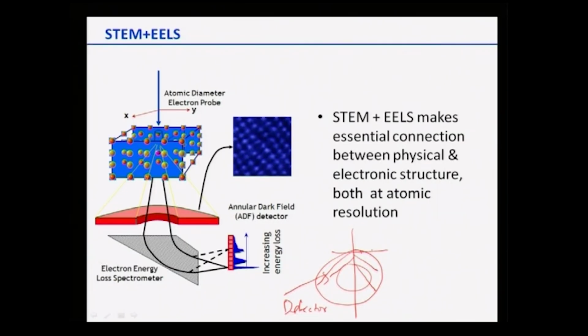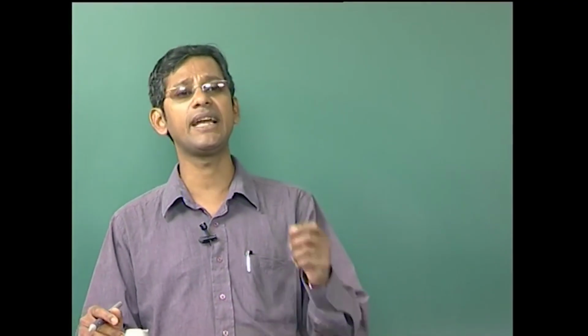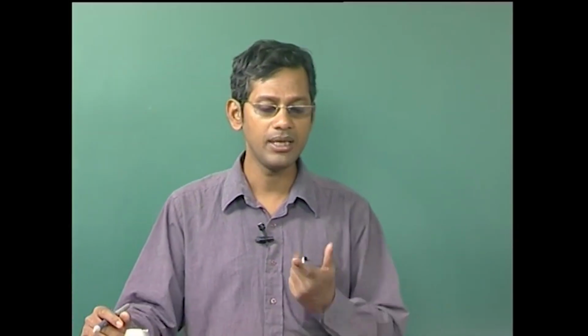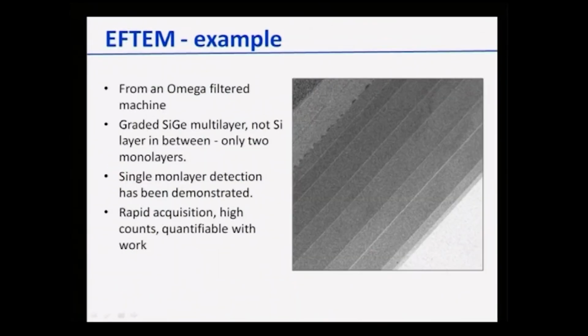At the same time, if I take yields from each of these atoms, I can detect what atom is present. So by using STEM and yields together, one can determine the atoms in the high resolution electron microscope, which was not possible so far. But with the advent of new kinds of contrast imaging like in Titan, this has become obsolete, because in Titan you can get contrast from each atom differently. You do not need to actually do the STEM.